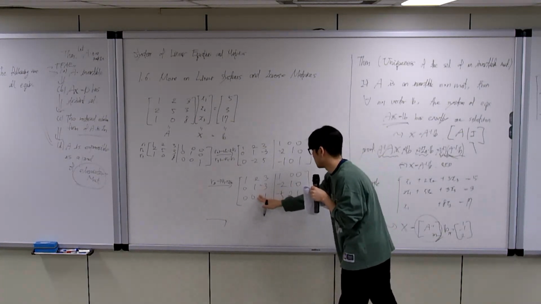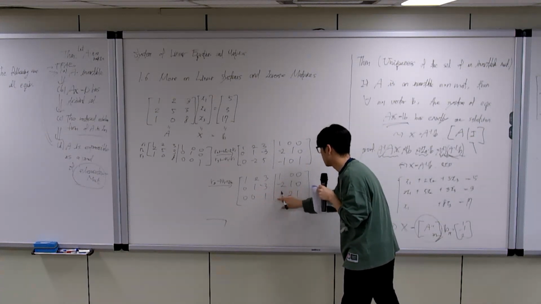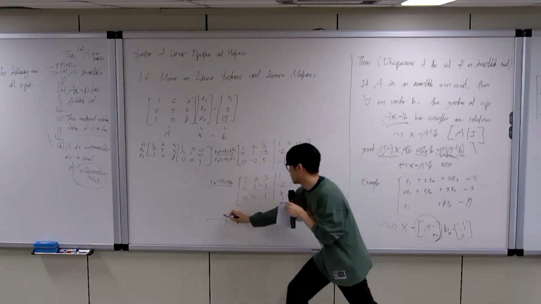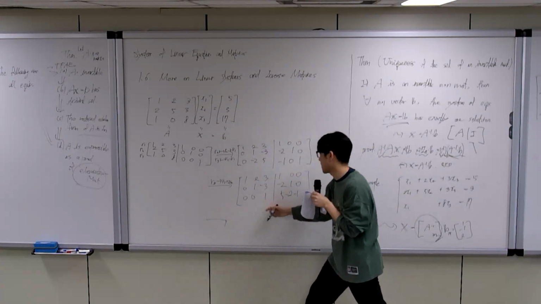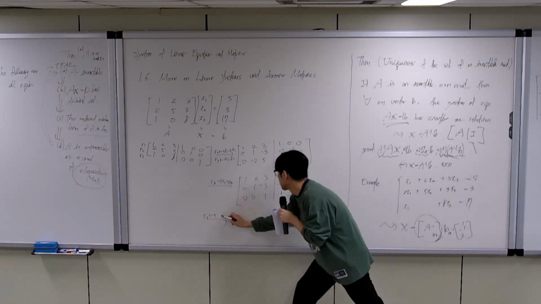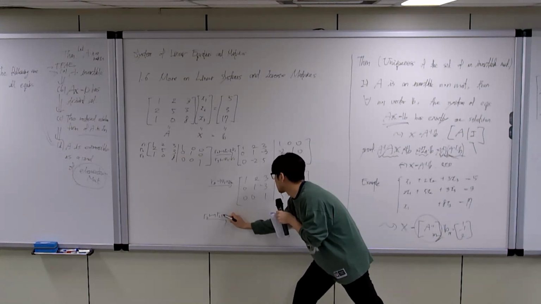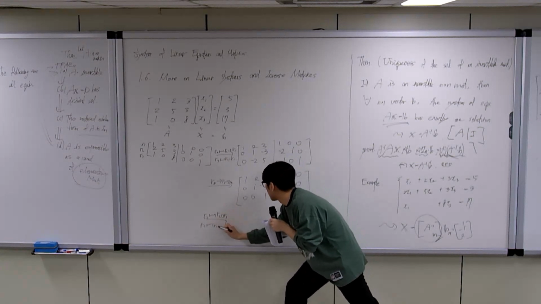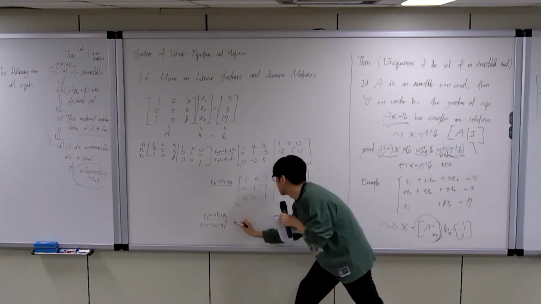And I will multiply by minus 1, by calculating R2 plus 3R3 and R1 minus 3R3.